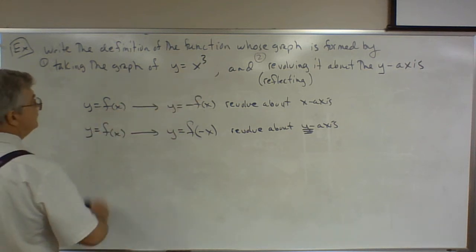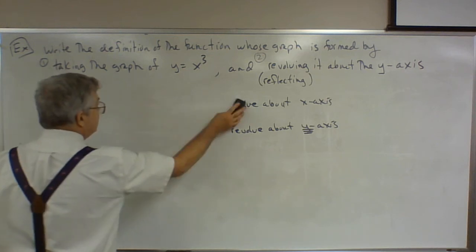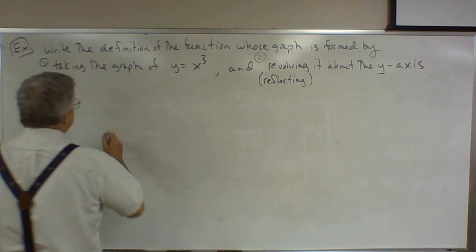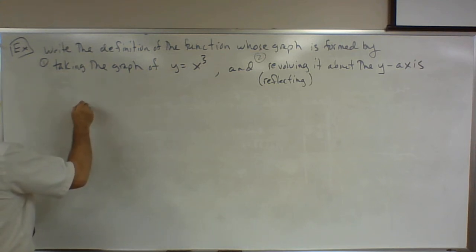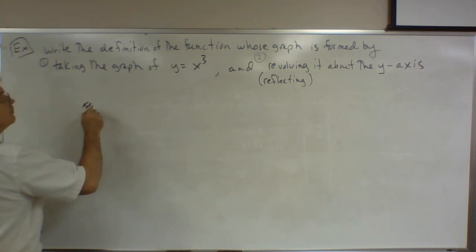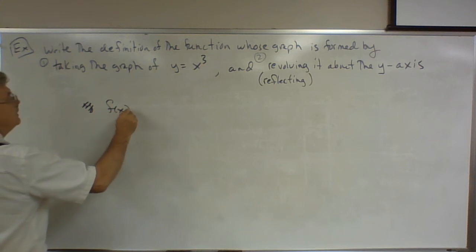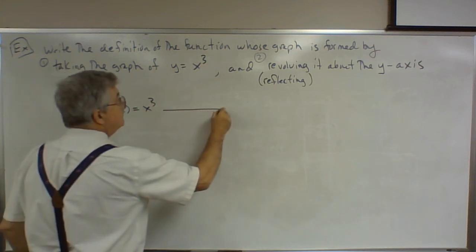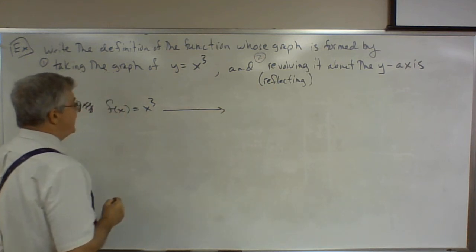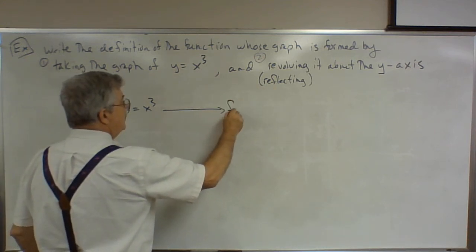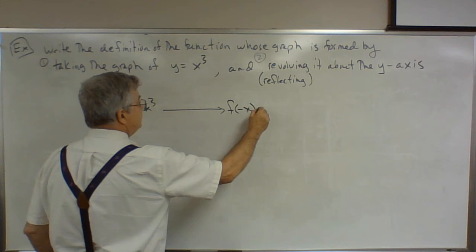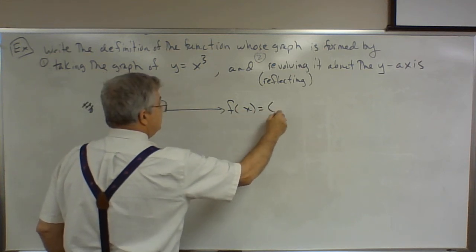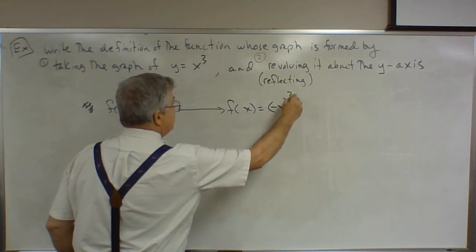That's what it says. So we have f of x equals x cubed. And to revolve it about the y-axis, we want f of -x. And that's going to be -x quantity cubed.